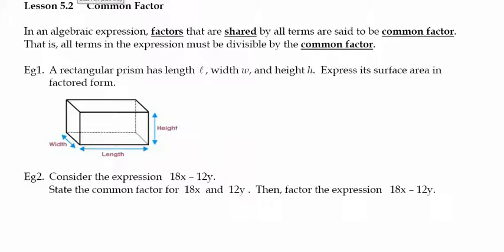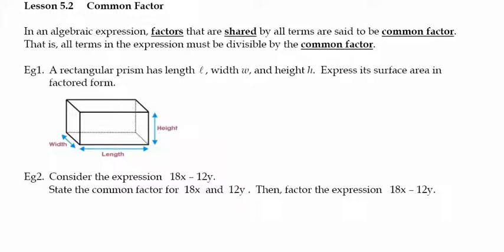But the surface area will consist of multiple terms. It will consist of the surface area at the front and back, the top of your box, the bottom of your box. You can also work with the left-hand side of the box and the right-hand side of the box. When you add them all together, it will give us the surface area for this entire figure.